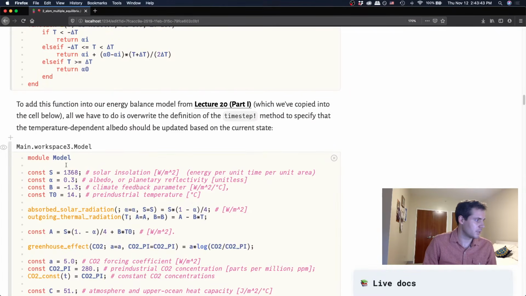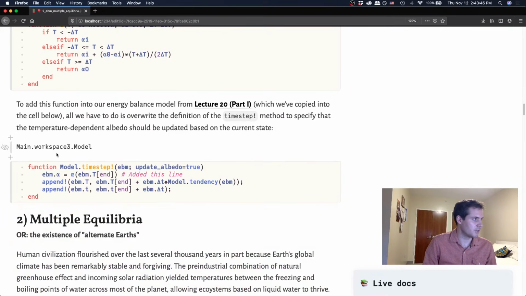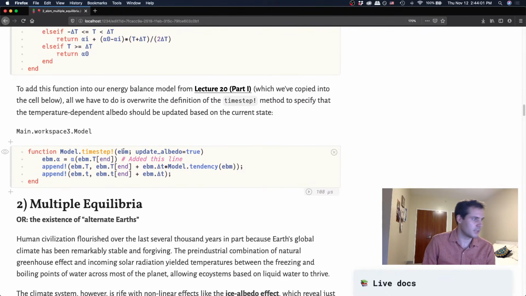I've hidden this cell here, but I've just copy-pasted a bunch of the climate model modules and functions from the past lecture. And the only thing we're going to change is we're going to slightly update this time-stepping function, which we saw last time. Basically, what it does is it takes our energy balance model type, and all it does is it takes the temperature and it time steps it forward, adding the change in temperature, and it steps forward time as well.